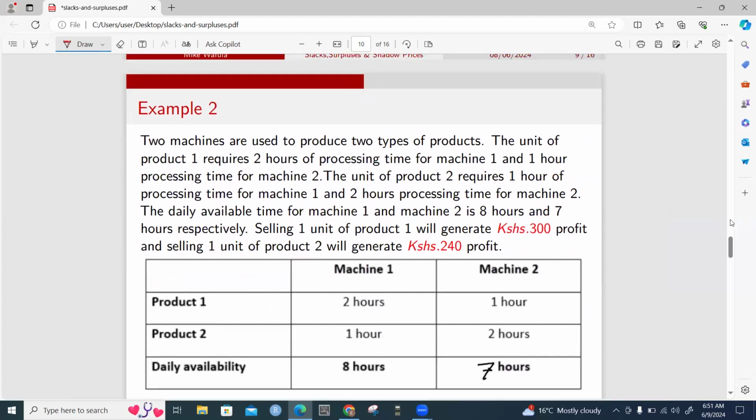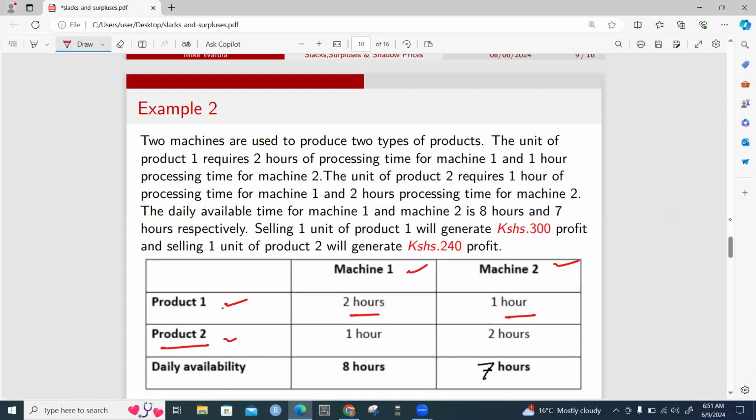So we have two machines that are used to produce two products. And this narrative is summarized here. There are two products, product 1 and product 2, and each product has to go through these two machines to be ready. A unit of product one requires two hours processing time in machine one and 1 hour processing time in machine two.